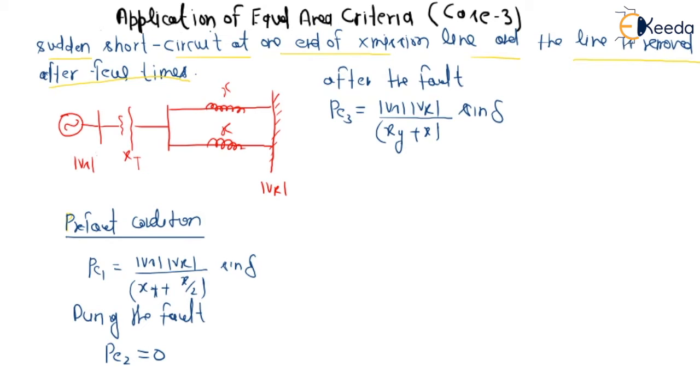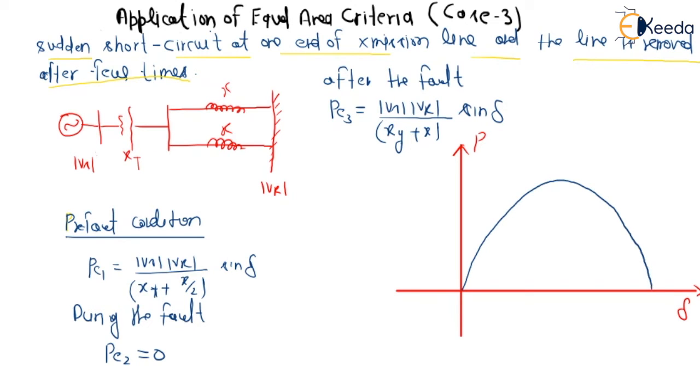we have to see this diagram very carefully because it is very important. So when we are drawing the P-delta diagram, if this is P and this is delta, let us assume this is P initial.